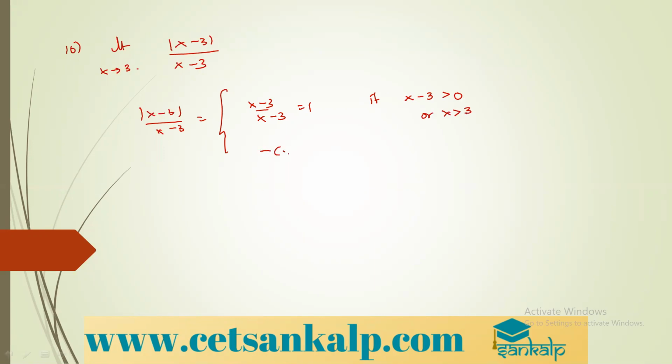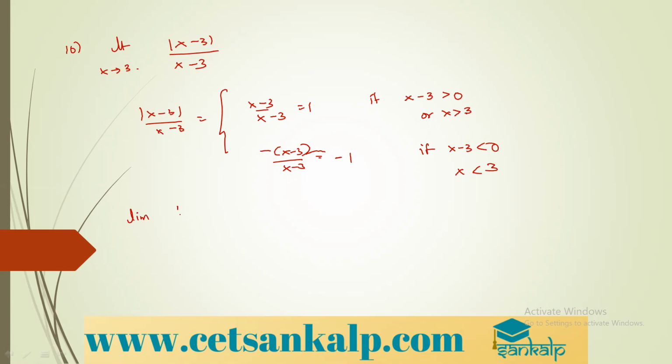Similarly, the other one will be minus x minus 3 by x minus 3. So that means this will be equal to minus 1. And this happens when x minus 3 is less than 0, or x is less than 3.